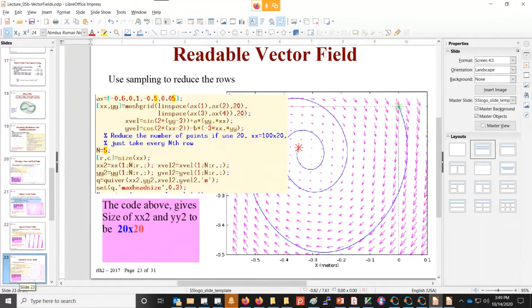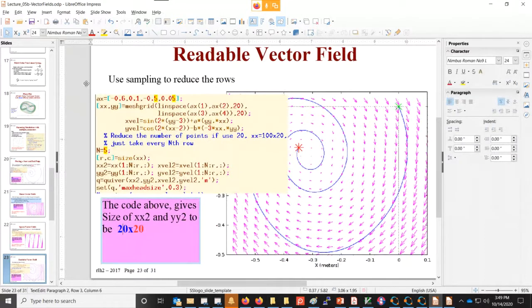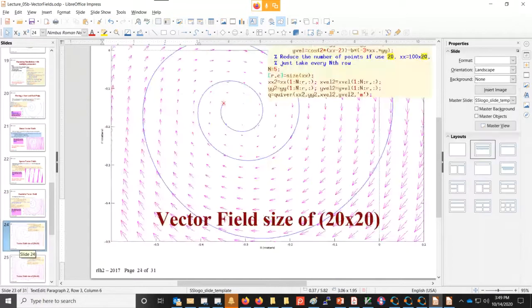Here I did 20 by 20. And you can see, somewhere between about 20 to 40 seems to usually give you a good number, but you may have to experiment a little bit with this to see a good plot. Okay, so you have to do it a few times.